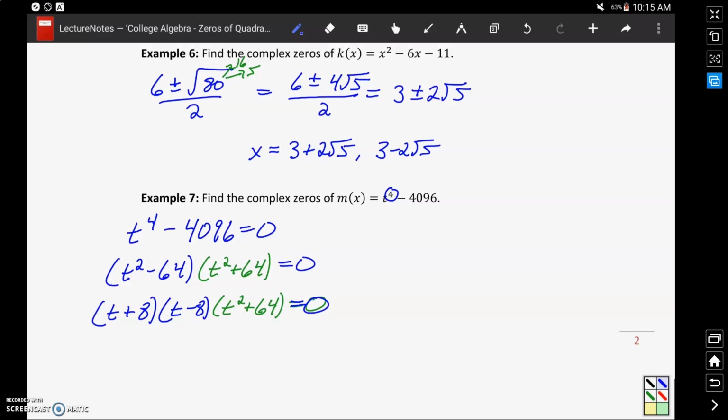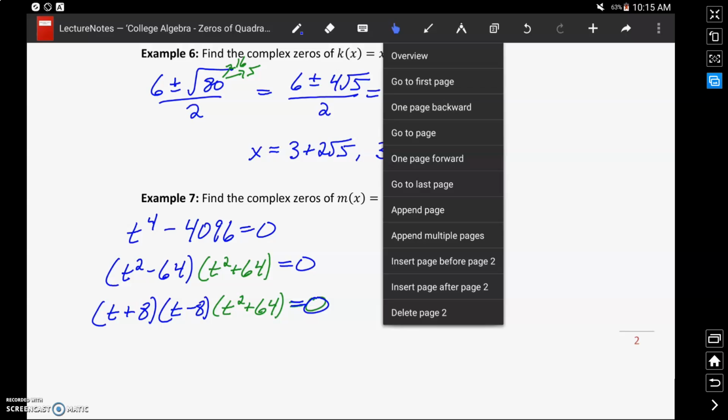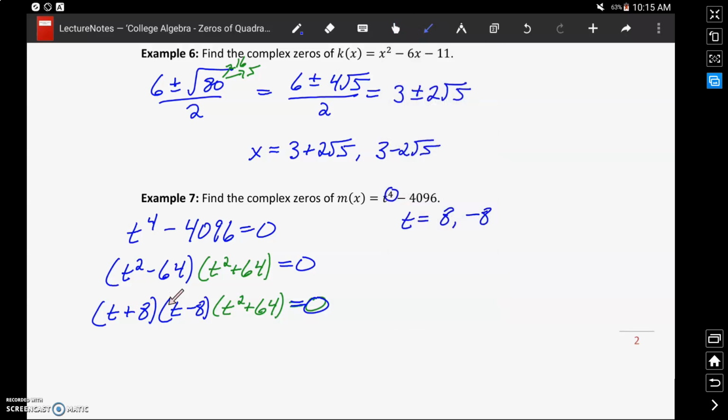What this does tell us is that we can already identify two zeros of this function, which would be 8 and negative 8, which we can identify from the first two binomial factors. But then, to consider t squared plus 64, we'll have to set that equal to 0.